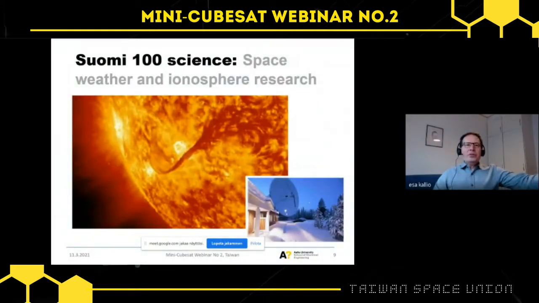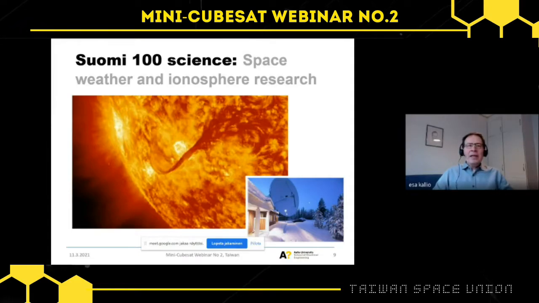The research goal is to do space weather research, but especially ionosphere research, to really investigate how the sun affects planet Earth and its near space, the so-called geospace, through the solar wind and through photons, the sunlight, especially EUV and X-rays.